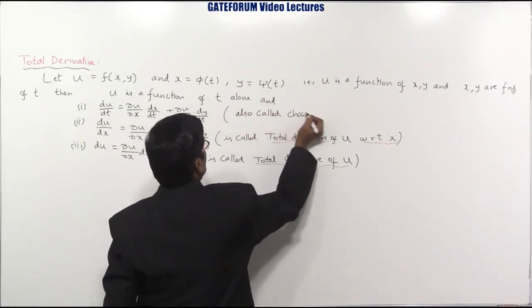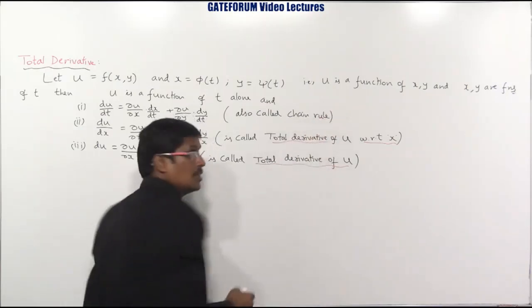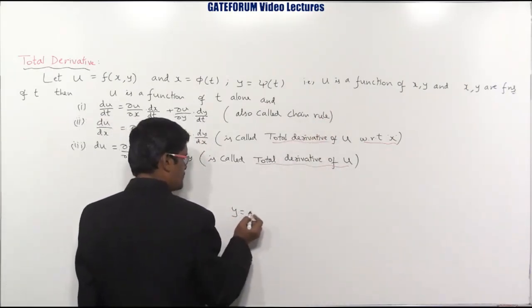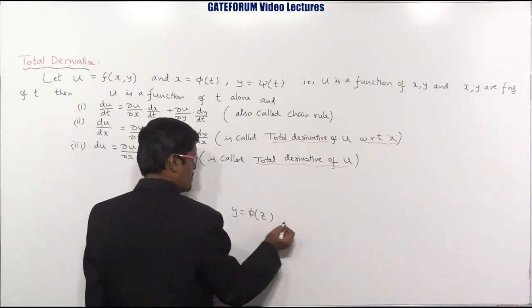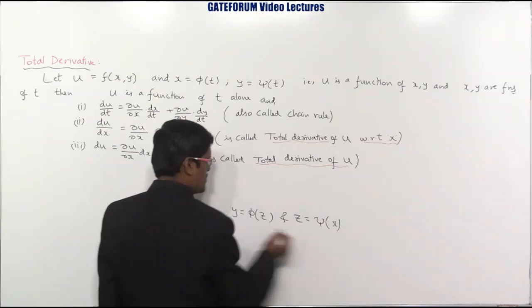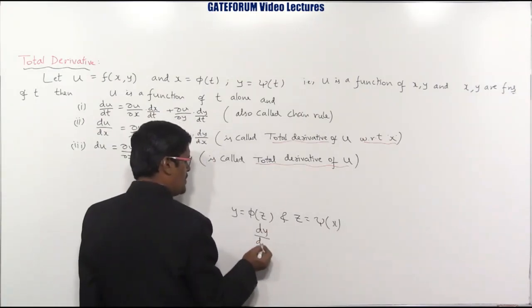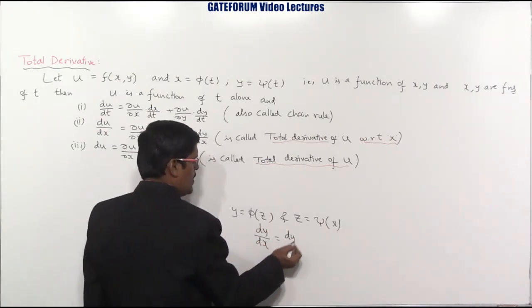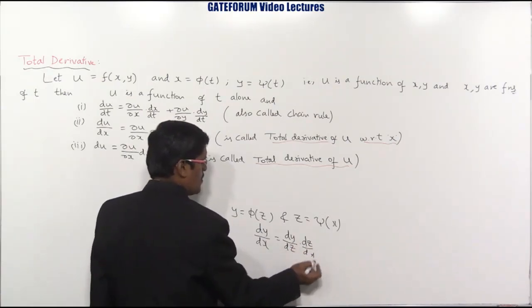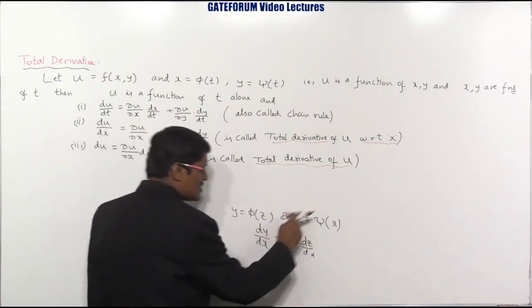Chain rule, differentiation. Just like 11th class, one variable. Y is a function of z, and z is equal to some function of x. How do you find dy by dx? dy by dz into dz by dx. So here y is a function of one variable, z is a function of one variable.